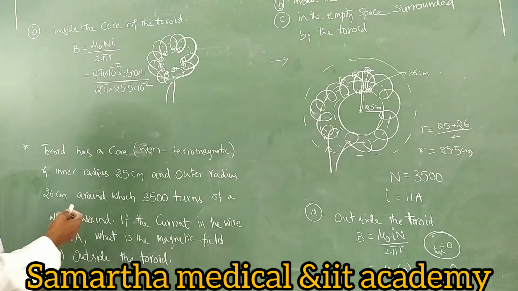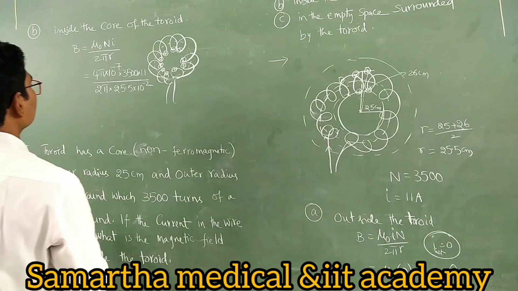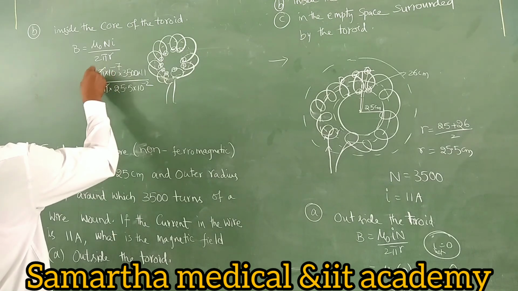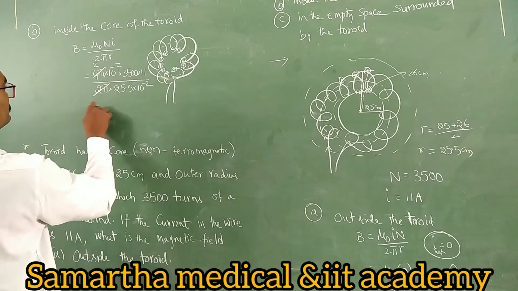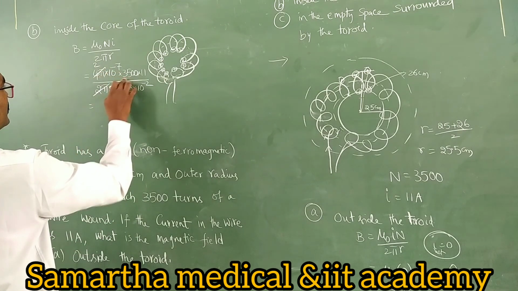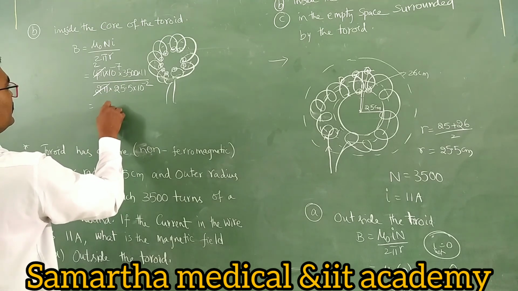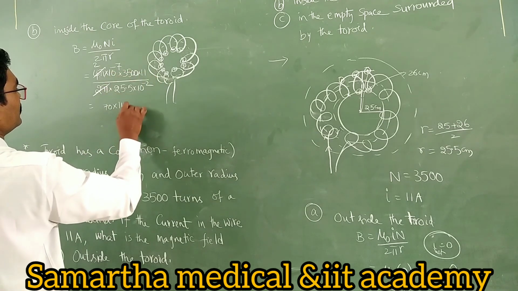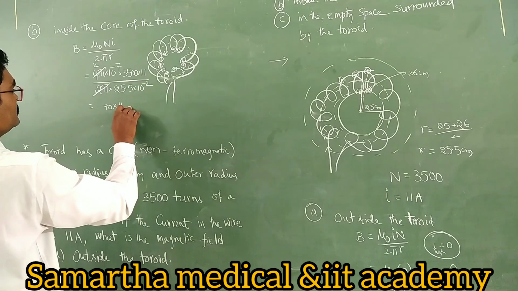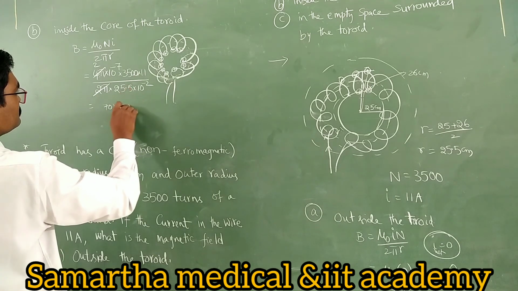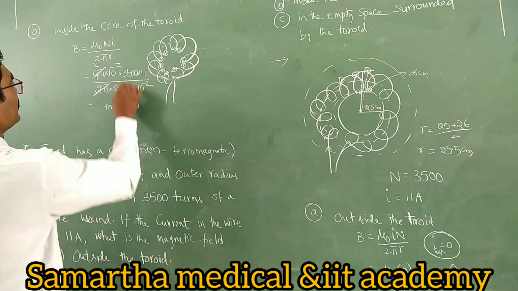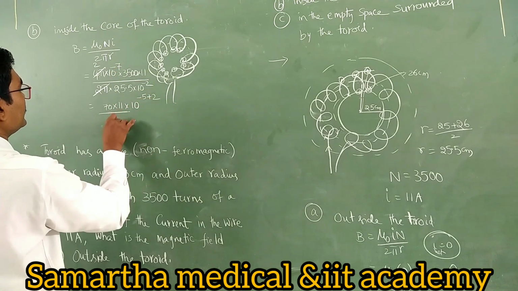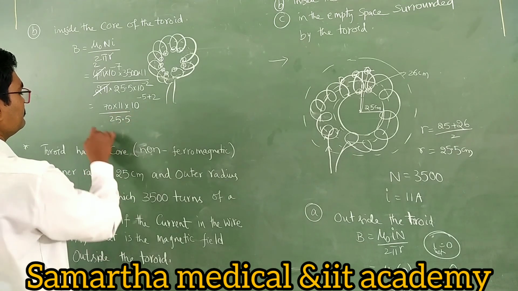Then 2 pi, 2 times. So 2 into 35, how much? 70 into 11 into 10 power minus 5 plus 2 by 25.5.